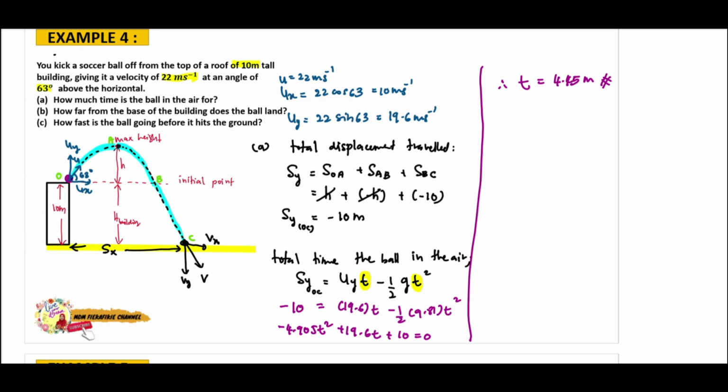horizontal displacement. Maximum horizontal displacement. Okay, berapa maximum horizontal displacement tu, paling jauh dia boleh pergi. Okay, so dia akan jadi Sx equal to Uxt. Okay, gunakan formula ini. So Ux kita dah tahu berapa nilai dia, which is 10 times T, 4.45.